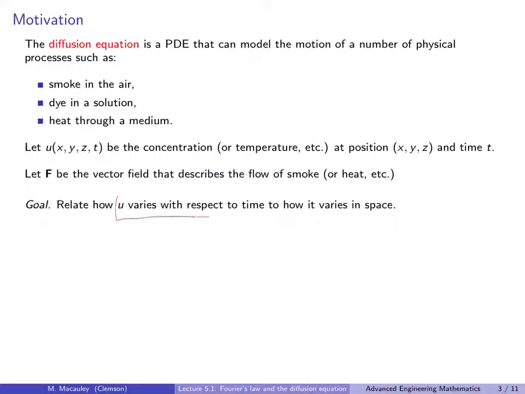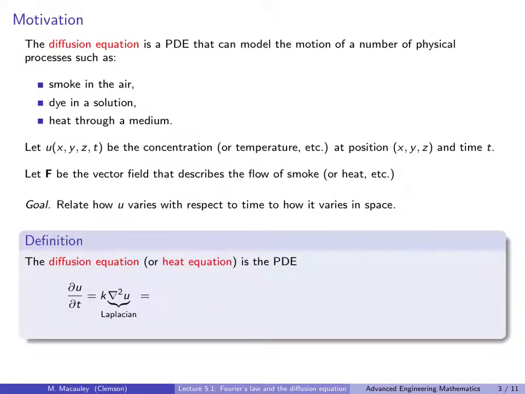So this first one is just du dt, and how it varies with respect to space, that involves du dx, du dy, and du dz. Not just first derivatives, but could be second and third, and so on. I'm going to give you the definition right away, and then I'm going to spend much of the first part of this lecture justifying where it comes from.